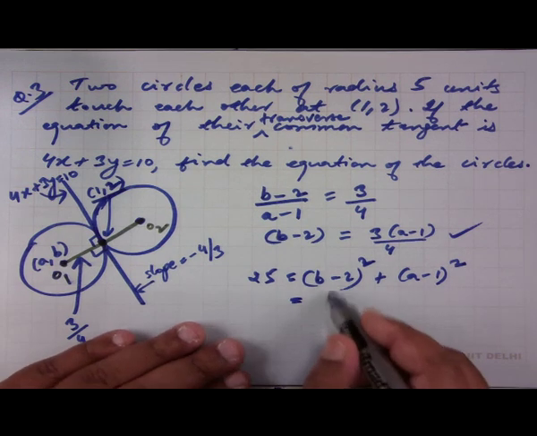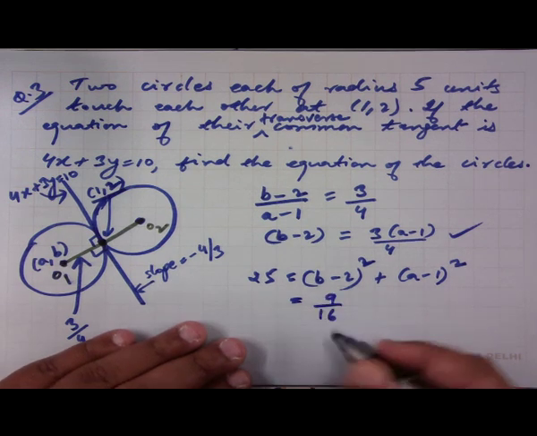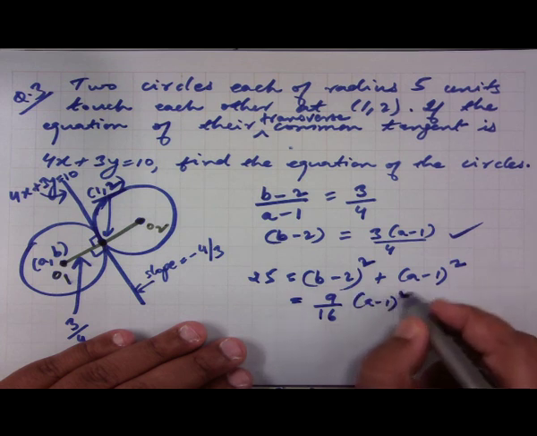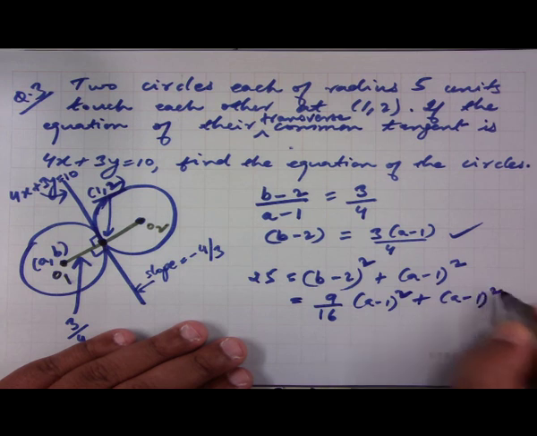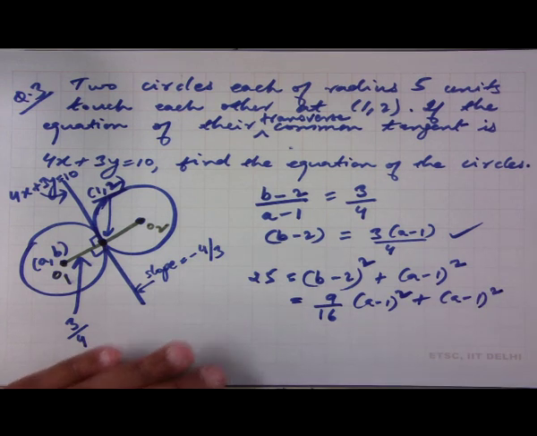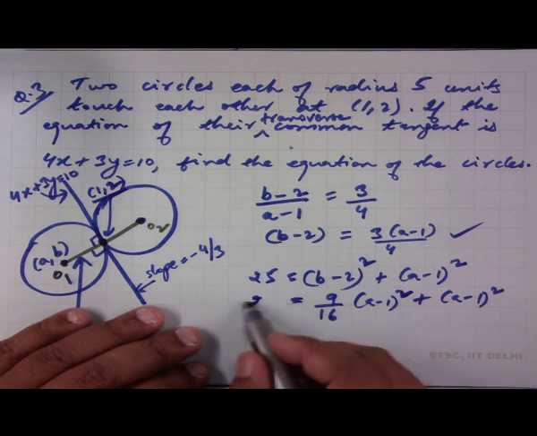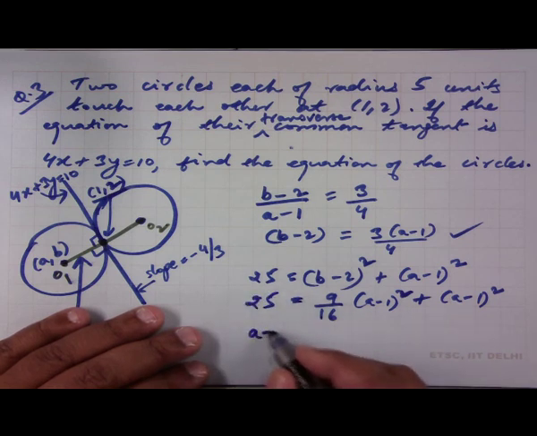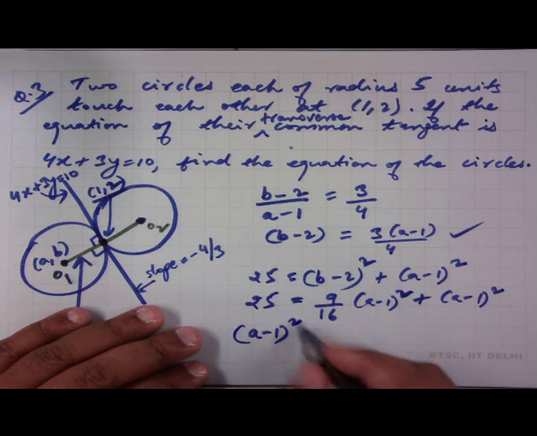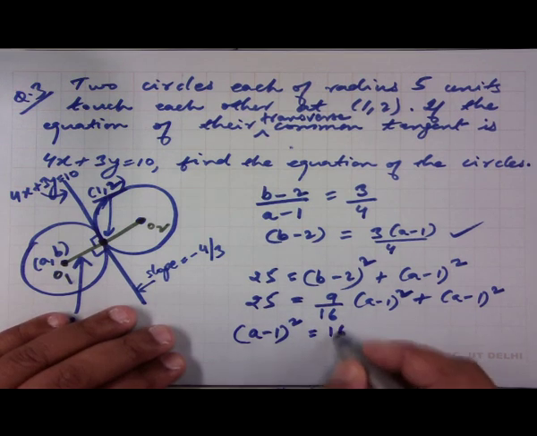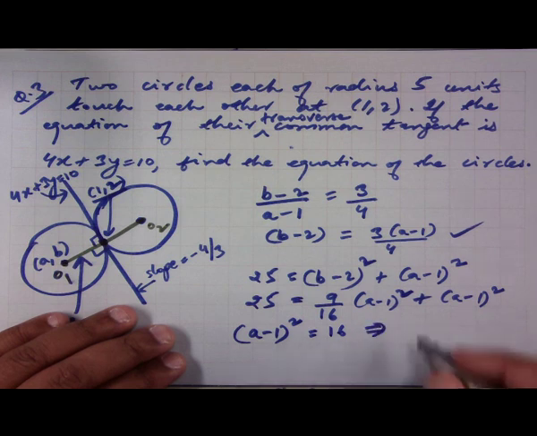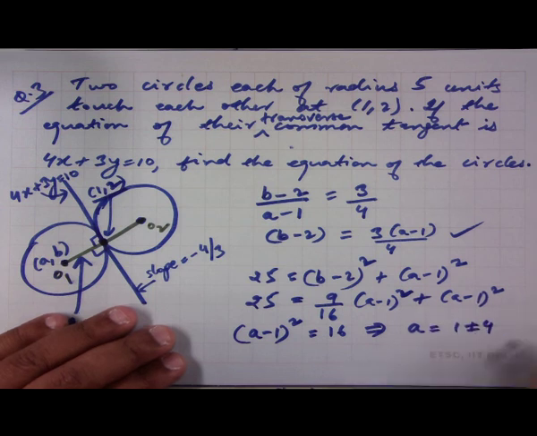So, this is equal to 9 by 16 into (a minus 1) whole square plus (a minus 1) whole square. If we solve this equation we get (a minus 1) whole square equals 16, which implies that a is equal to 1 plus minus 4.